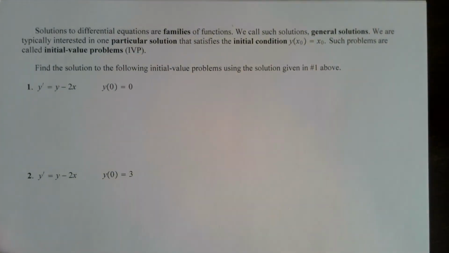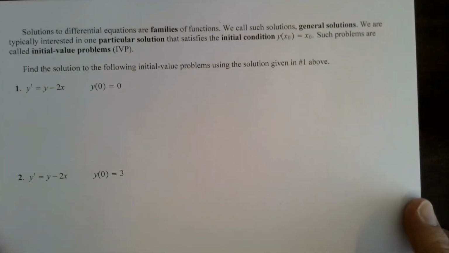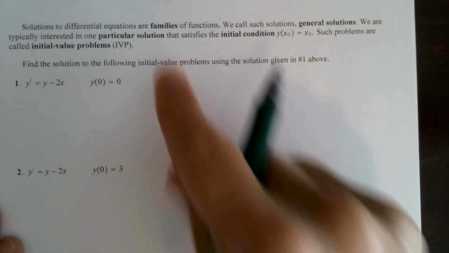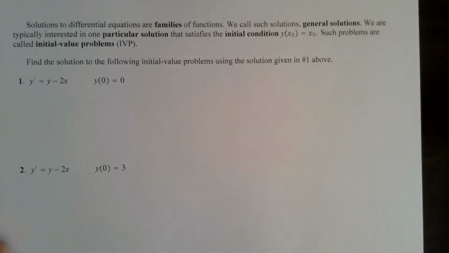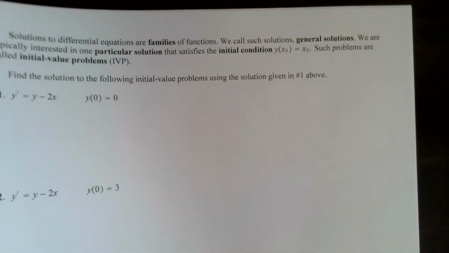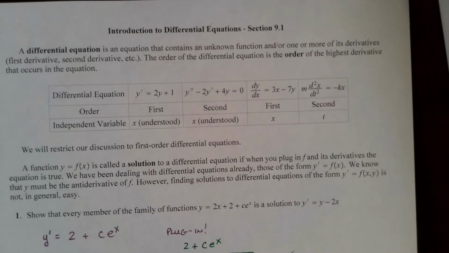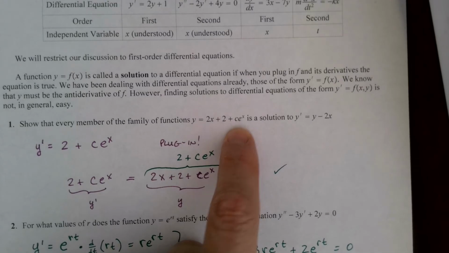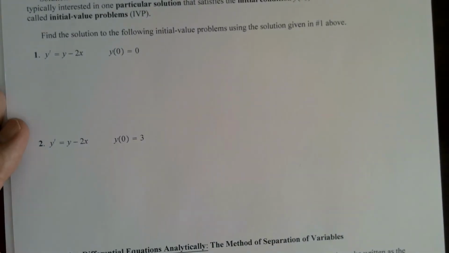Now, when we talk about the solutions to differential equations, we get that they are what we call families of functions, because they have this constant that appears, as you've seen in that first example, where we had plus c e to the x here, and we're not surprised by that.